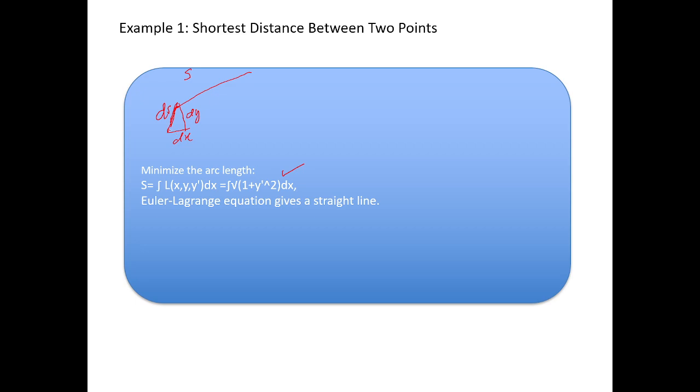Using the Pythagoras theorem, we have ds square equals dx square plus dy square. Taking the root on both sides, ds is equal to under root dx square plus dy square.